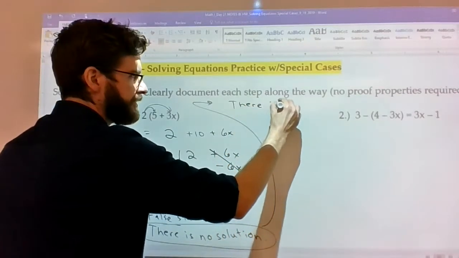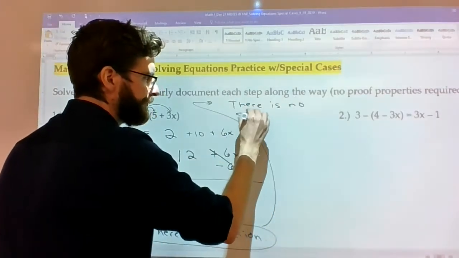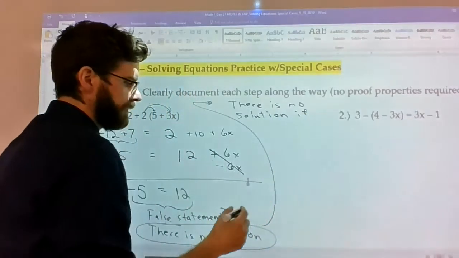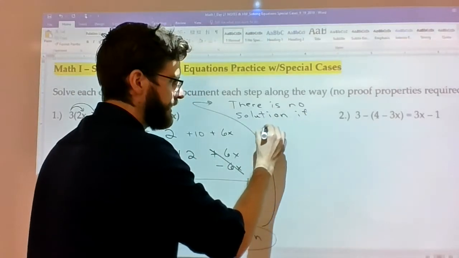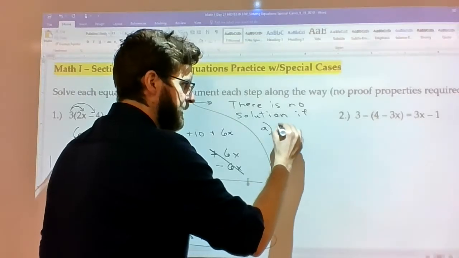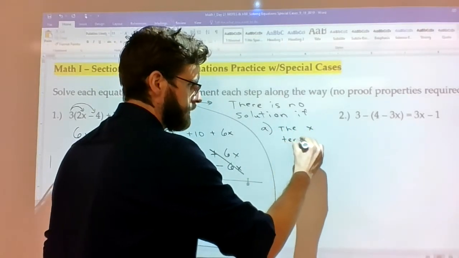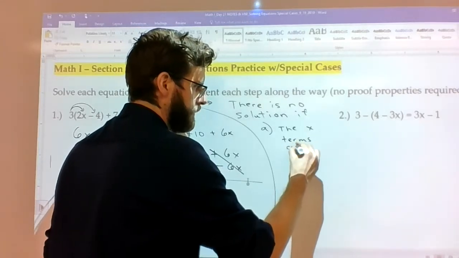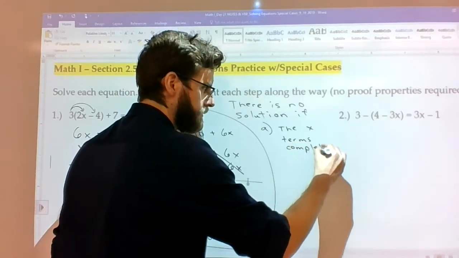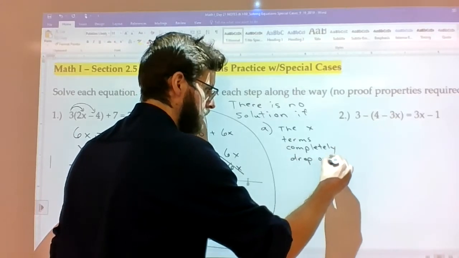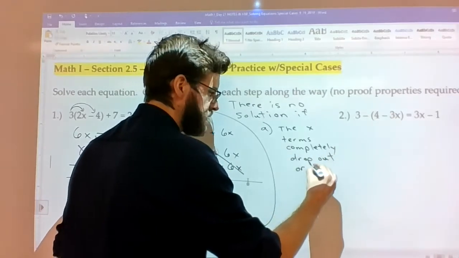There is no solution if two things happen. A, the x terms completely drop out. They zero out, or become zeros.